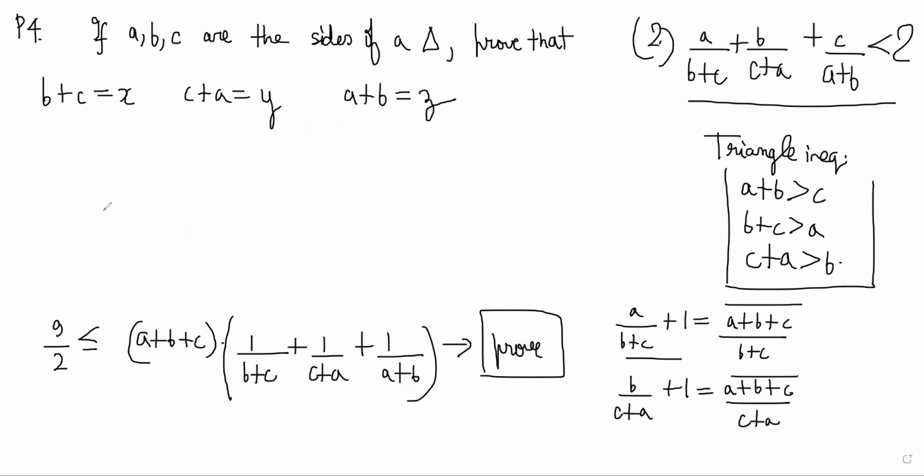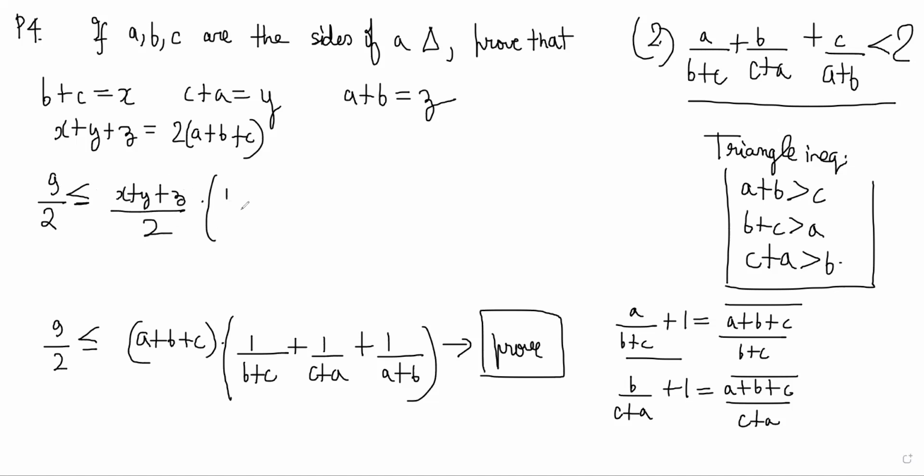So what we have here is if you add x plus y plus z, that will be 2 times a plus b plus c, right? So divide by 2. So we have 9 by 2 is less than or equal to x plus y plus z by 2 and 1 by x plus 1 by y plus 1 by z, right?